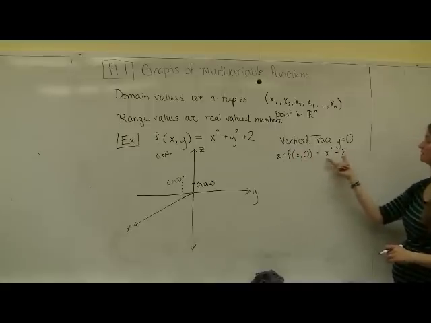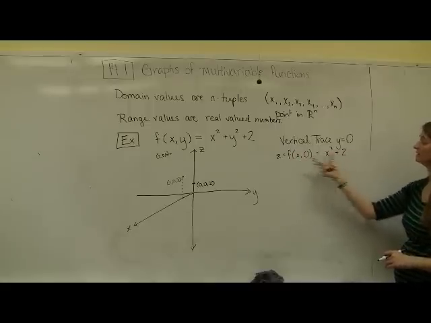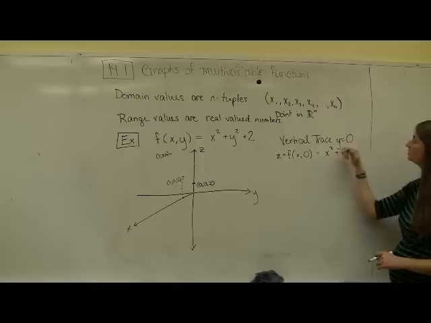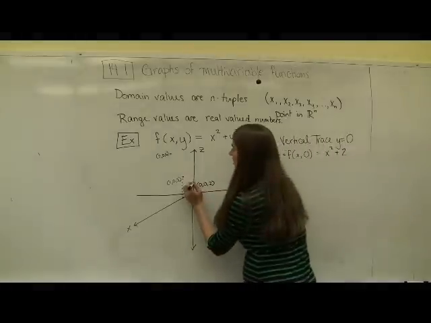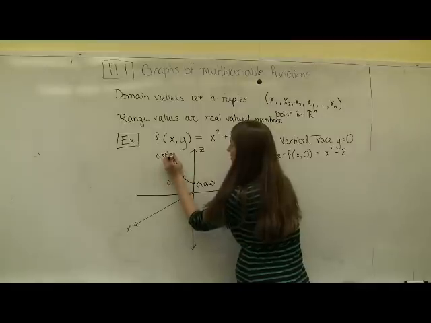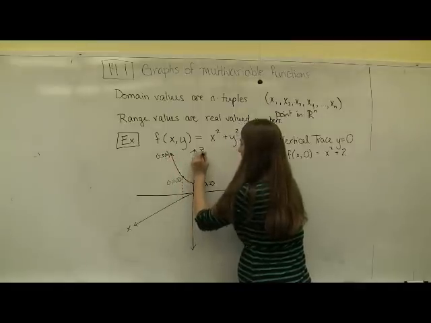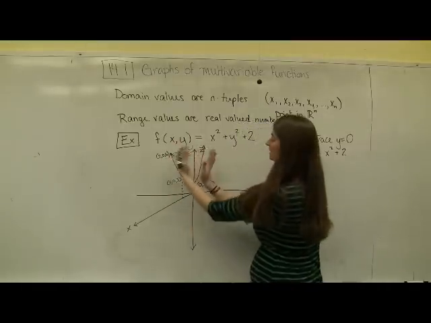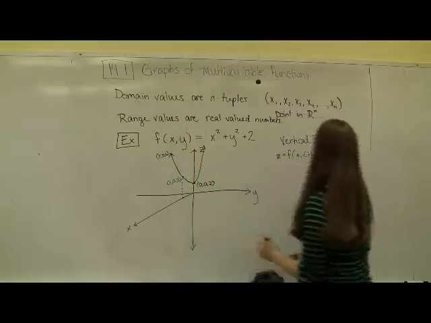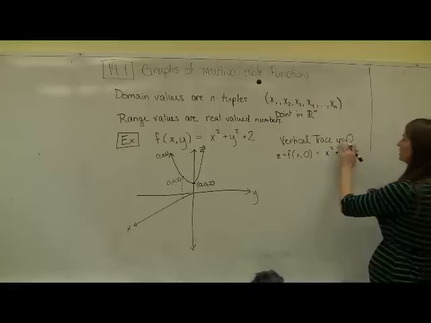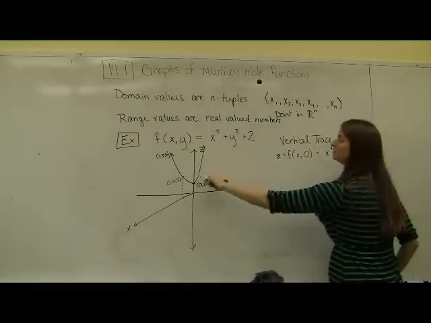And we recognize this. This is just the graph of a parabola along the plane where y equals 0. And so if I were to draw this out, I'm squishing the parabola because it's sort of tilted because it's in this plane where y is equal to 0. This is a vertical trace where y equals 0. It just gives me this one parabola.